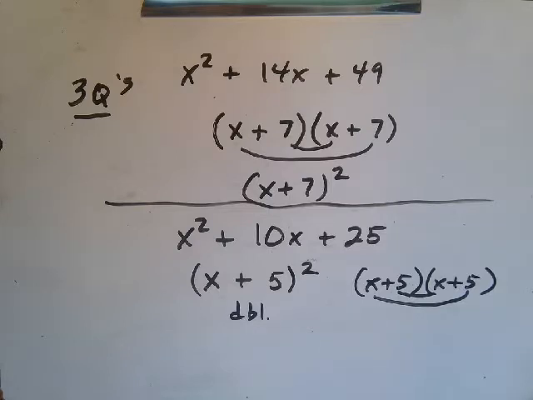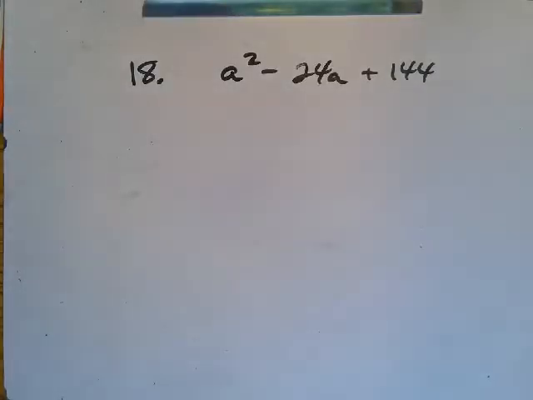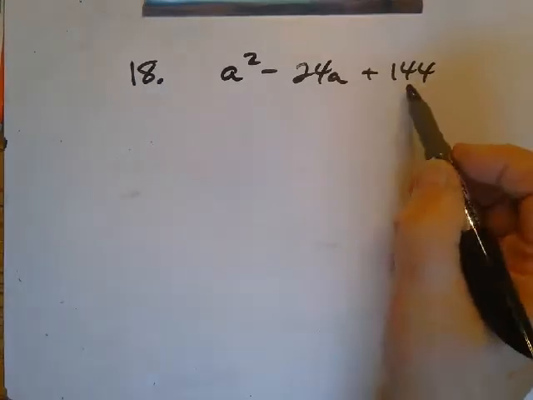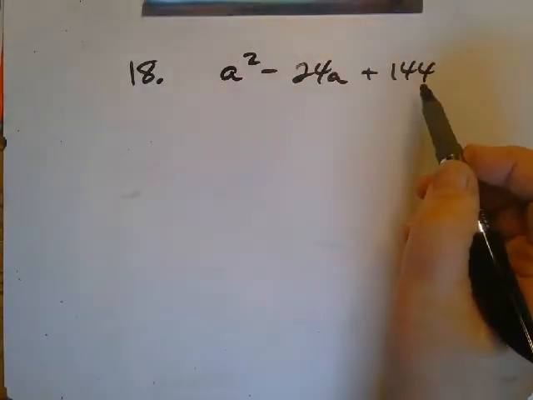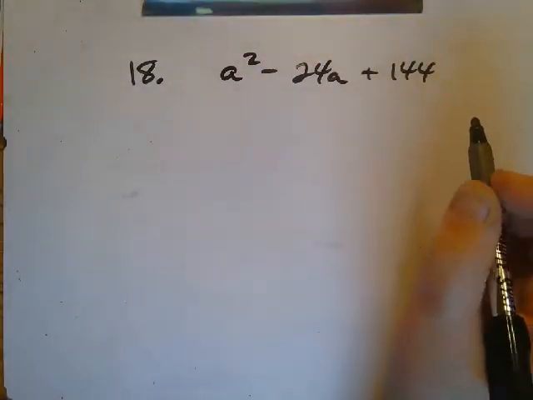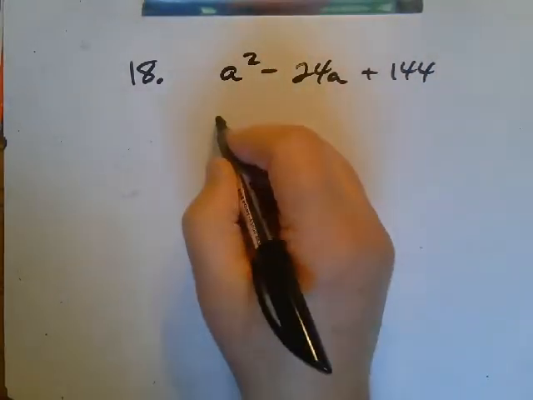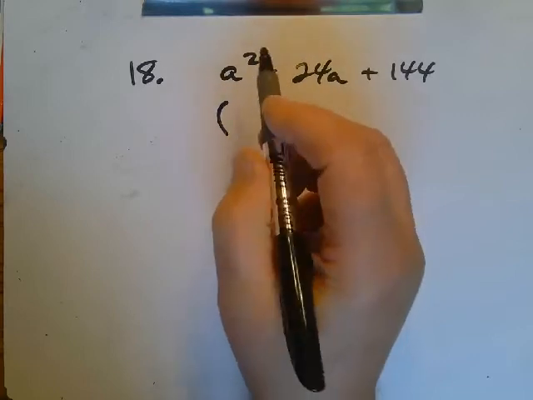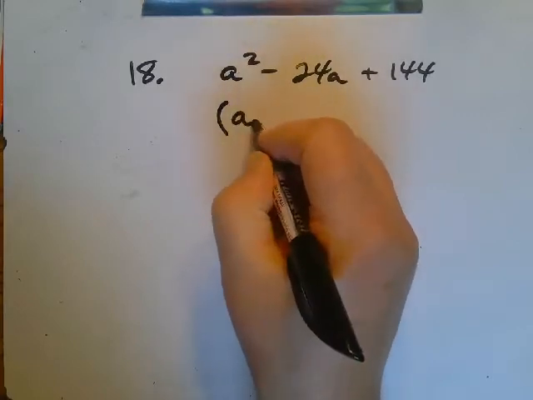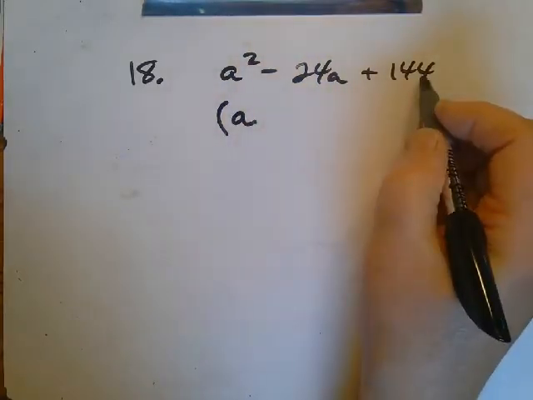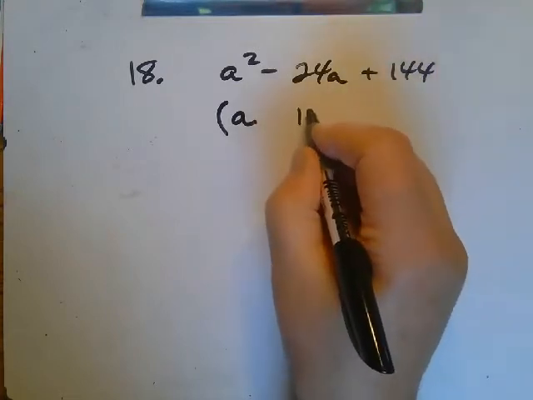Let's try a couple more. All right, number 18, the instructions say, determine whether this is a perfect trinomial square. If it is, factor it. So here's the process. We could try factoring this the long way, but let's see if we can do it the short way. The square root of this is a, and the square root of this is 12 or negative 12.